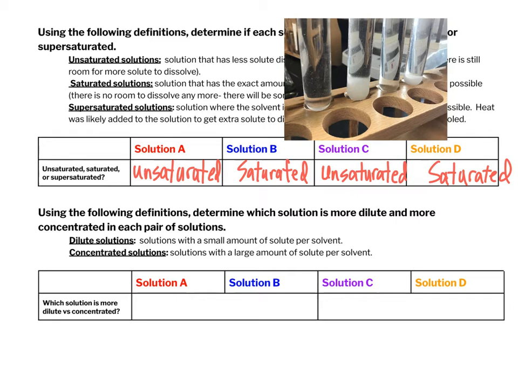So solution A and C have a small amount, so they are dilute solutions. Solutions B and D are saturated, therefore they would be considered concentrated solutions. However, concentrated does not necessarily mean that they are saturated, but if they are saturated, they usually would be concentrated solutions.